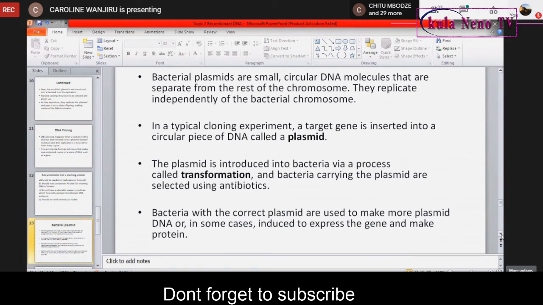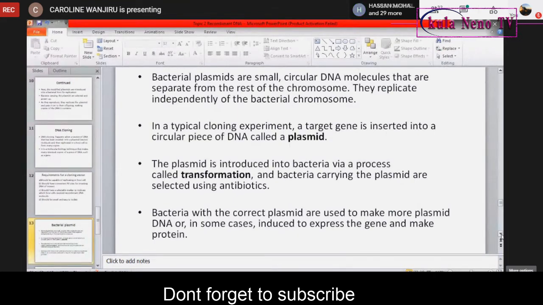Okay, so make sure you've got the correct plasmid. Make sure the transformation process has taken place. And make sure you've been able to identify which plasmid carried the gene of interest.